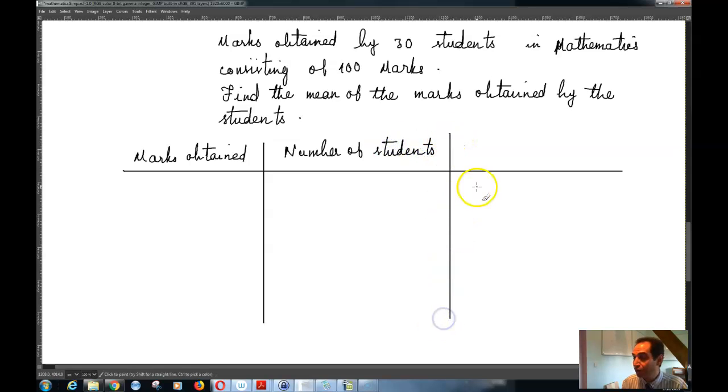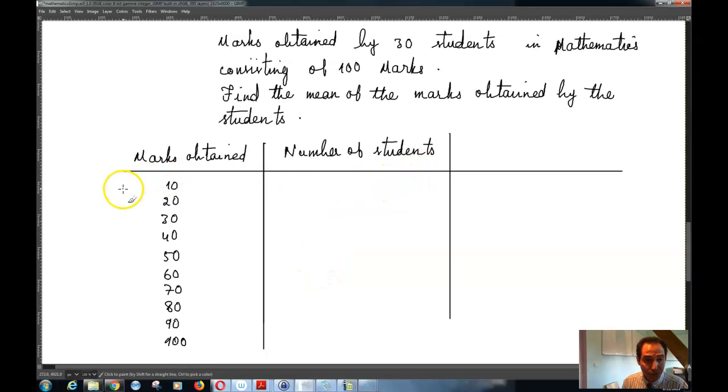For example, let's say the marks were 10, 20, 30, 40, 50, 60, 70, 80, 90, and 100, so you have classified your marks like this.